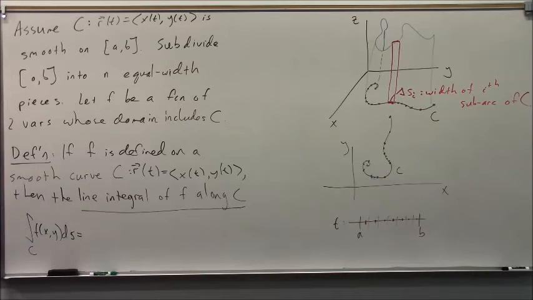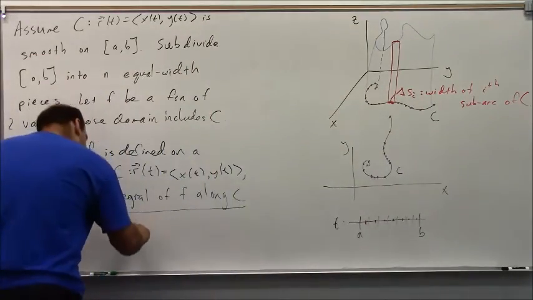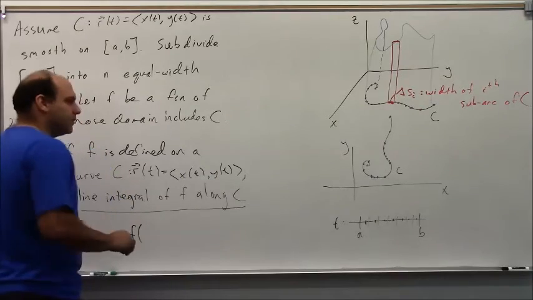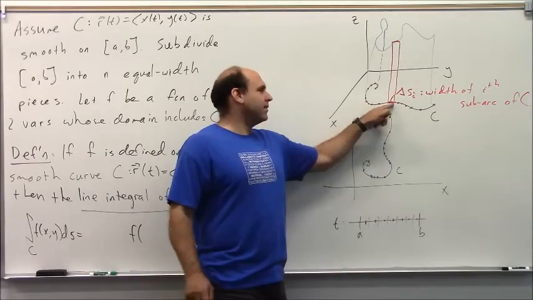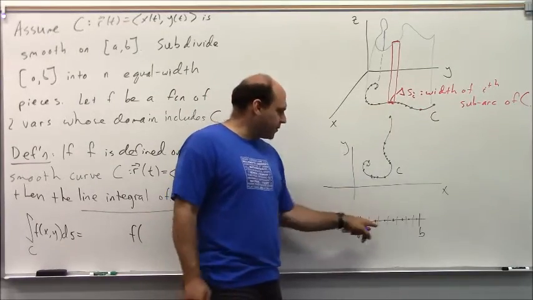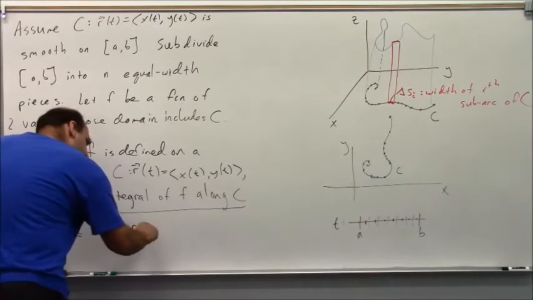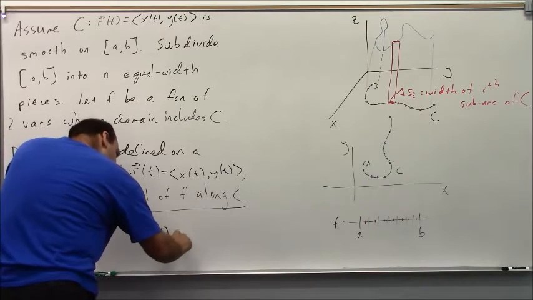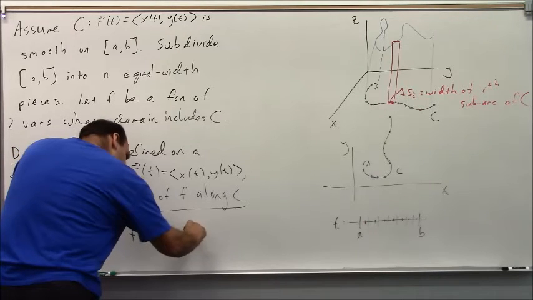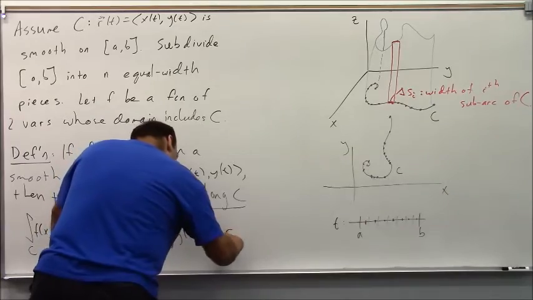and it's equal to, well, let's see, I want to take my area under this little piece here, so that's going to be f of xi star, yi star, but those come from the choice of ti star. So this is f of x of ti star, comma y of ti star, times delta si.